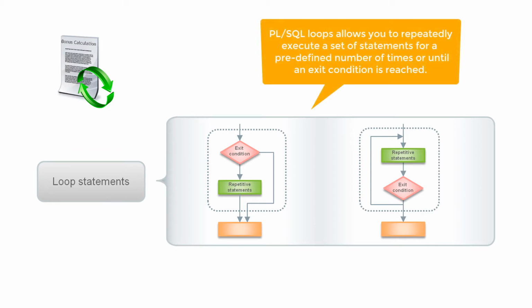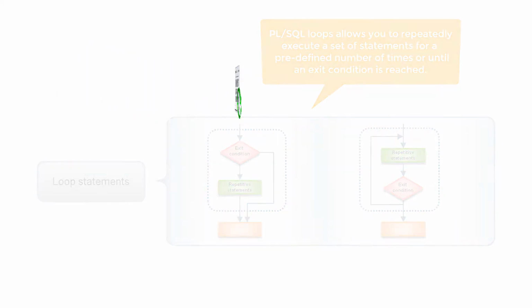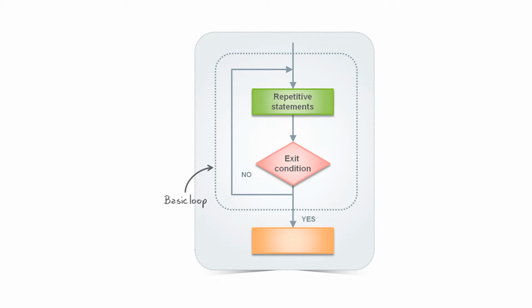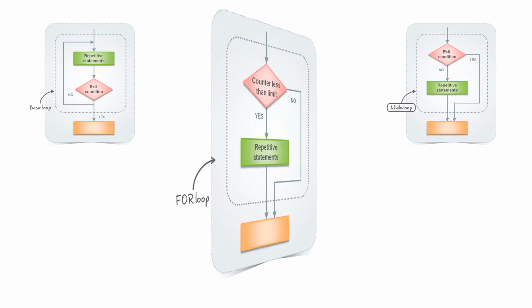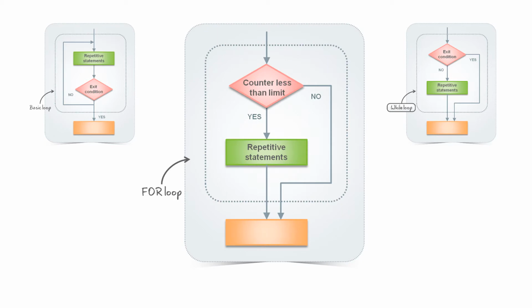Using PLSQL loops allows you to repeatedly execute a set of statements for a predefined number of times or until an exit condition is reached. PLSQL provides three types of loop structures: basic loop that performs repetitive action till the exit condition is met, while loops that perform iterative actions based on a condition, and for loops that perform iterative actions based on a count.